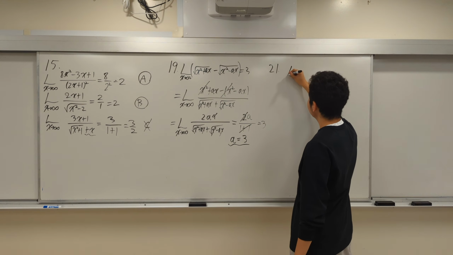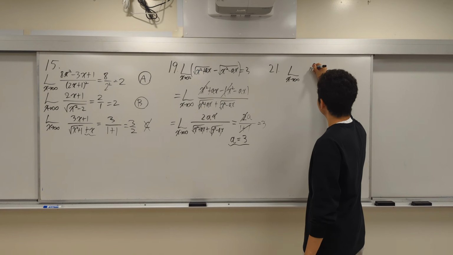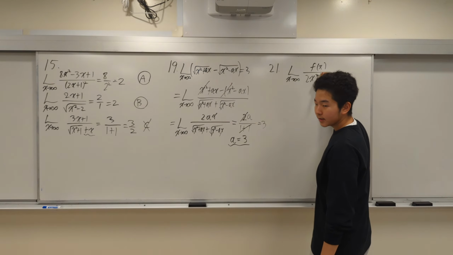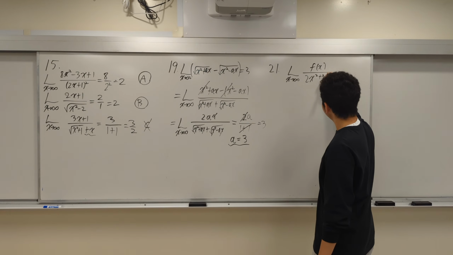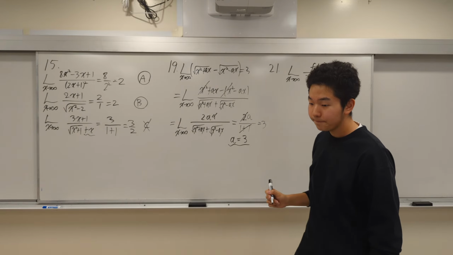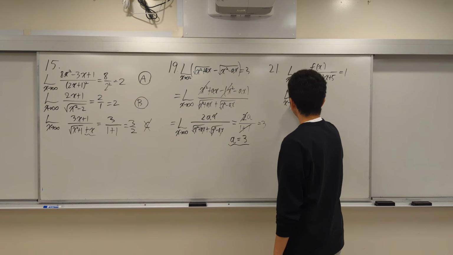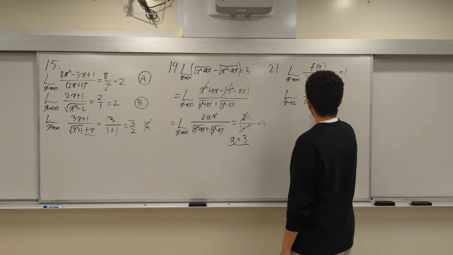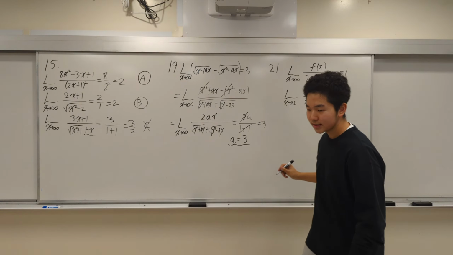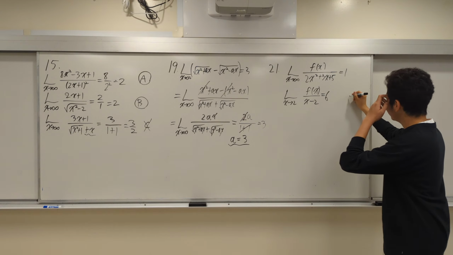F of x satisfies limit x goes to infinity of f of x over 2x squared plus 3x plus 5, and that has to equal 1. And limit x goes to 2 of x minus 2 over f of x has to equal, what is it, 6? 6. And then we're asked to find f of 1.